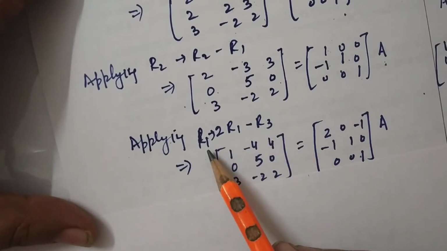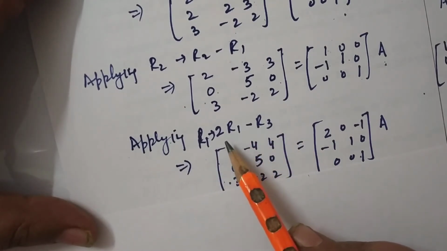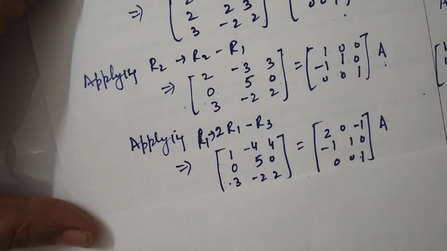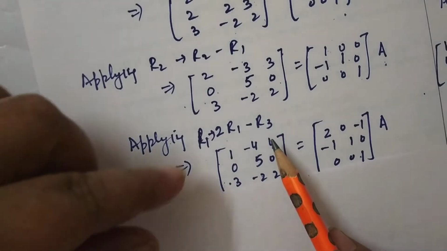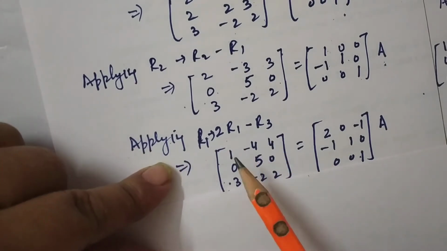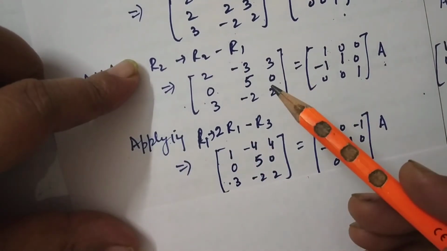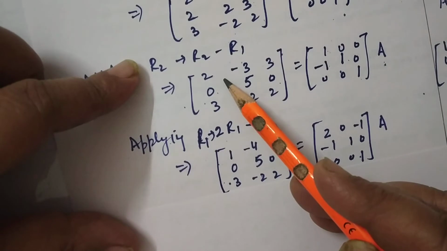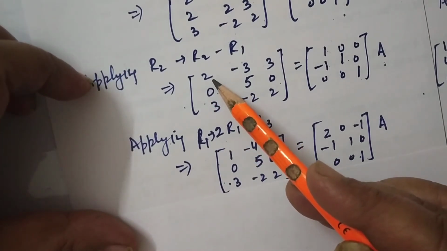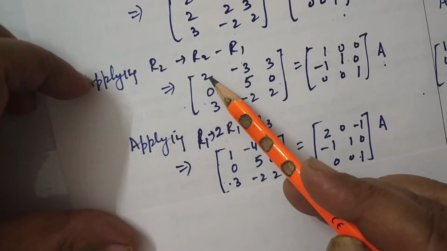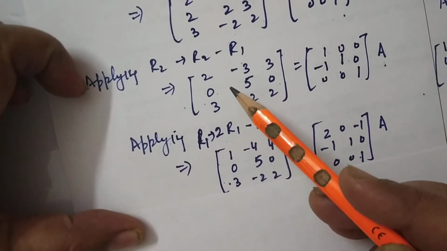I applied R1 goes to 2R1 minus R3. Why did I apply the change in R1? Because I have to get 1 here. And how can I easily get it?